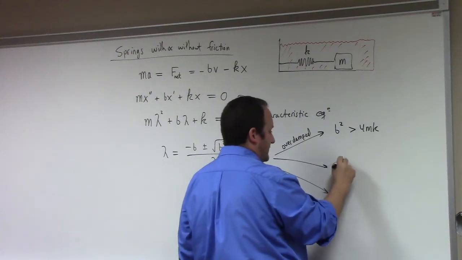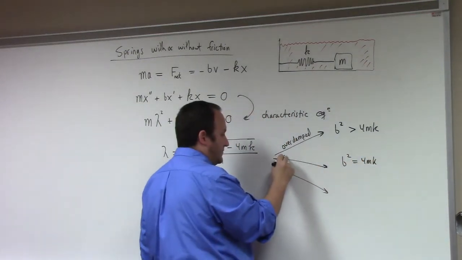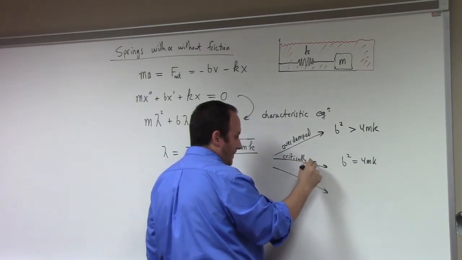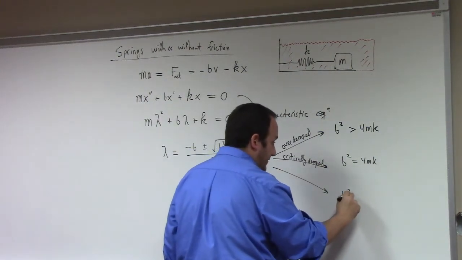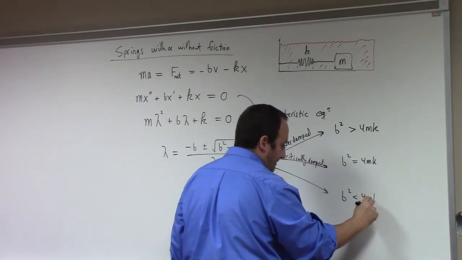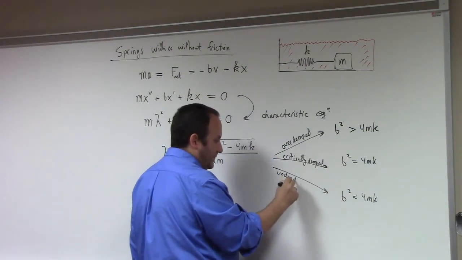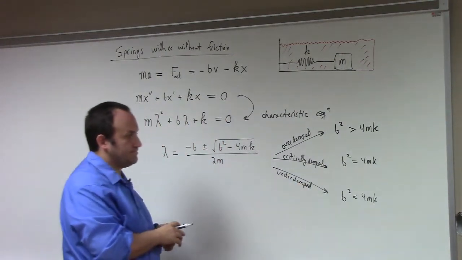If b squared is equal to 4mk, we have what's called critically damped. And finally, if we have b squared is less than 4mk, then we have what is called underdamped or weakly damped motion.